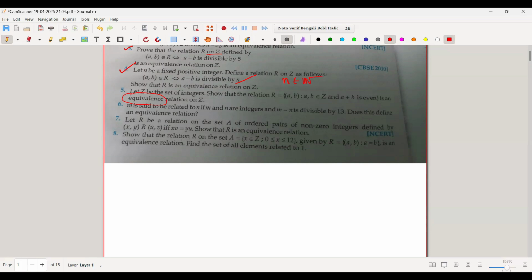m is said to be related to n if m and n are integers and m minus n is divisible by 13. Does it define an equivalence relation?